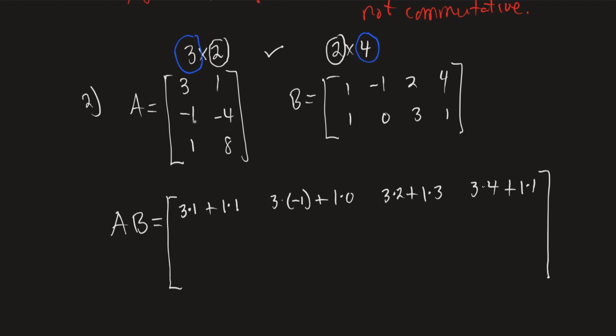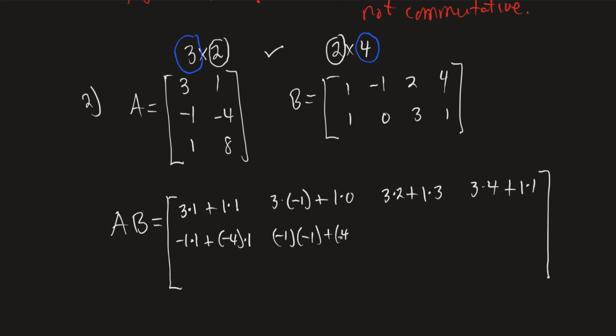Then we rinse and repeat. So second row, again with each of those columns. We will have negative 1 times negative 1 plus negative 4 times 1. And then negative 1 times negative 1, so now I'm using the second row and the second column, and then negative 4 times 0.